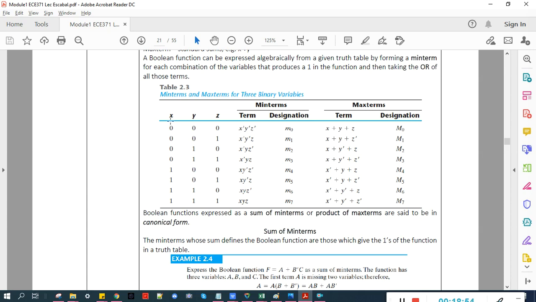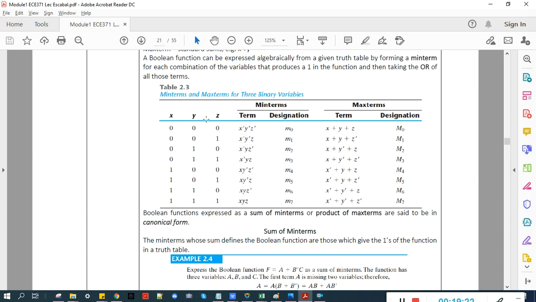We know that when there are 3 inputs, the variables can have a total of 2 to the 3 or 8 possible combinations. And the equivalent mean terms for that are also 8.